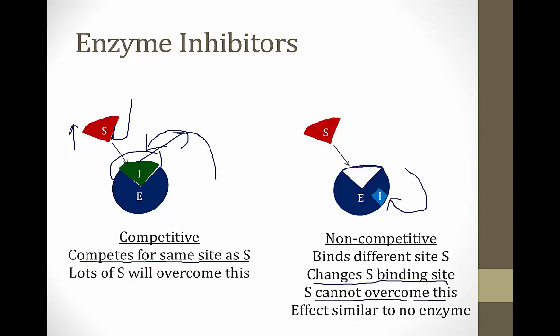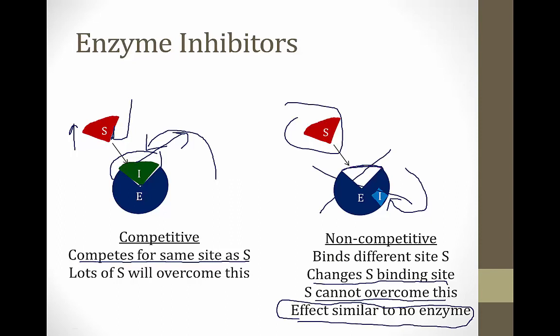Essentially, the enzyme has been changed into a form that doesn't bind S anymore. This is the same effect as if you didn't have enzyme around at all. So you can think of non-competitive inhibitors as enzyme destroyers. They essentially have an effect on the body of taking the enzyme out of the equation and not allowing it to do its job anymore.